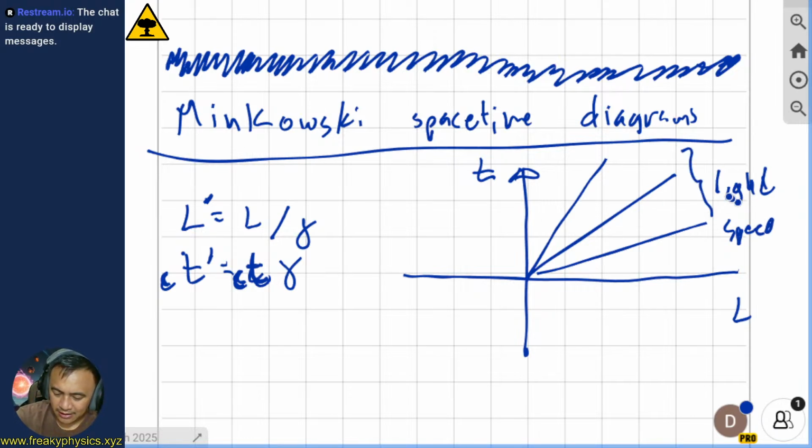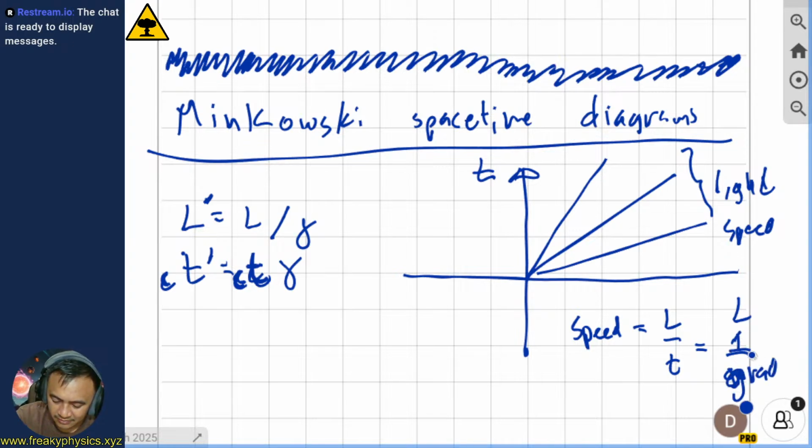So basically, how do you get the speed of light here? That will be this length over the time. And if you think about that, that's the inverse of the gradient. That's a problem if we do it with t only. But once we put c in here, there is only one speed of light that will work.